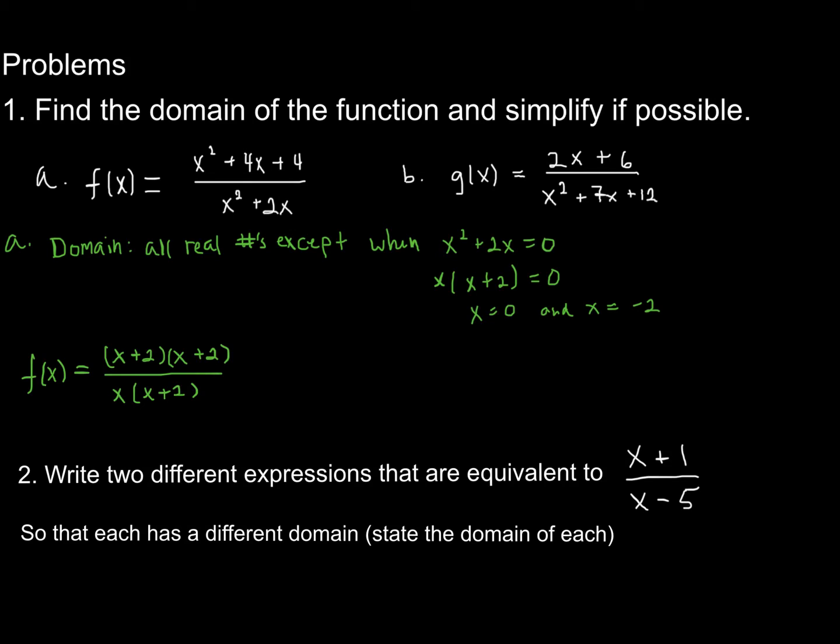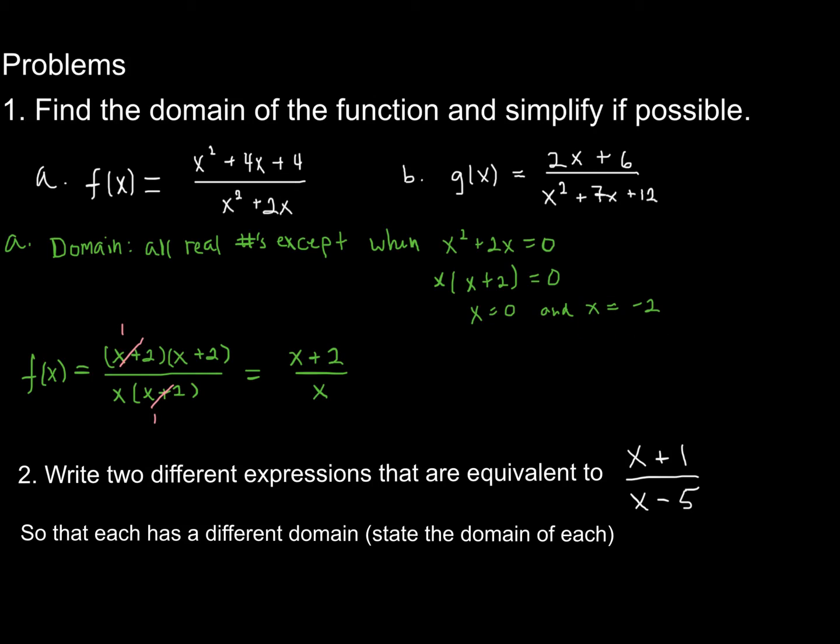Now, notice that x plus 2 over x plus 2 is going to be 1 everywhere except when x is equal to -2. Obviously, then it will be undefined. So we can say this is the same as 1 divided by 1, and that allows us to rewrite our expression in a much more simplified fashion. Now I'm left with x plus 2 divided by x. I just have to make sure I say that this is when x is not equal to -2.